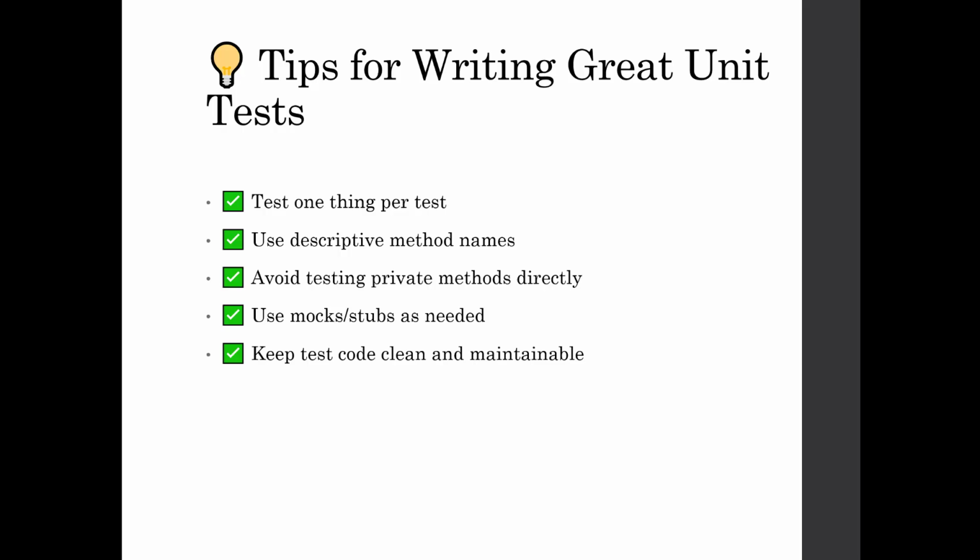So when we have state testing, focusing on the outcome and behavior of an actual object, those stubs are going to come in handy to hard code in values so that you aren't going to rely on maybe live data or things in your database, or we want to isolate those dependencies. And then keep your test code clean and maintainable. It's just as important as what is going on in your production code.